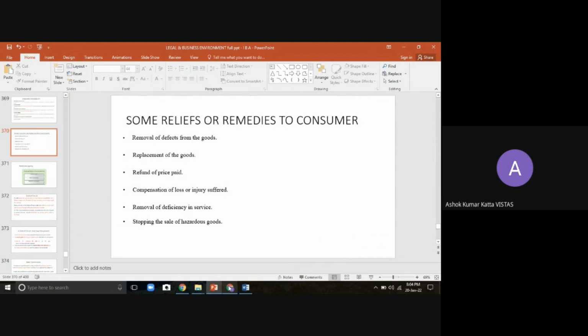So before buying a product, being a wise customer, you need to inquire and then buy the product. Even I myself bought one TV, a Sanyo TV, 108 centimeters. They gave a guarantee for 1 year. Now 2 years were completed. After 2 years, what happened? The screen was not working, blinking.